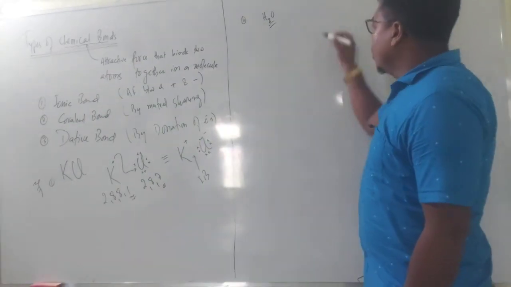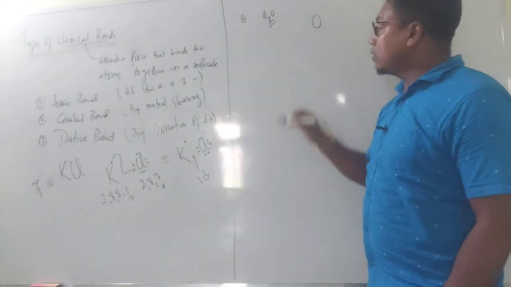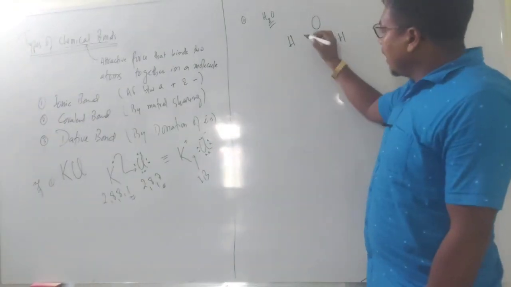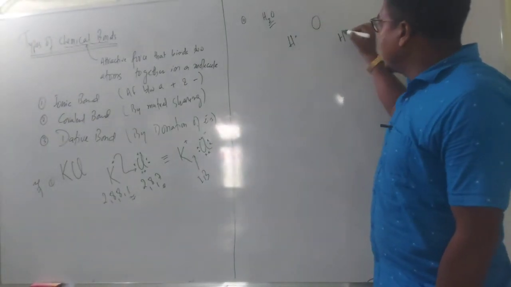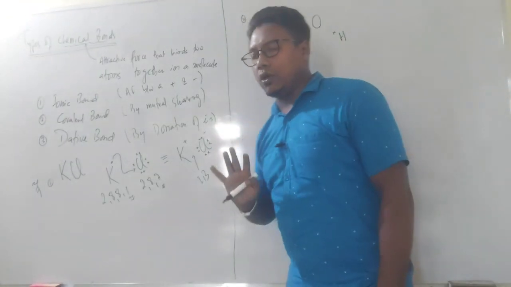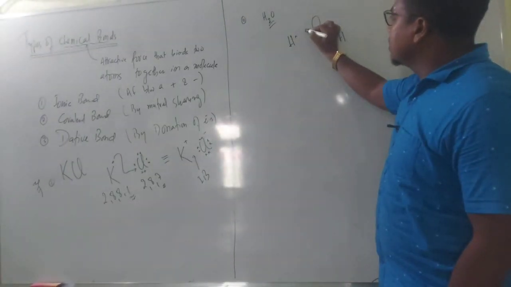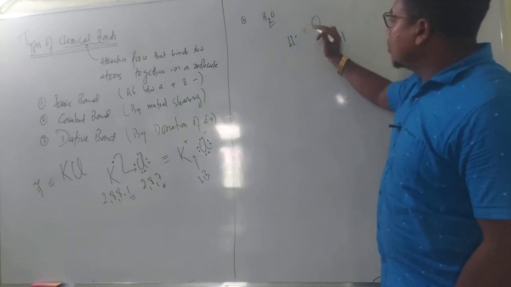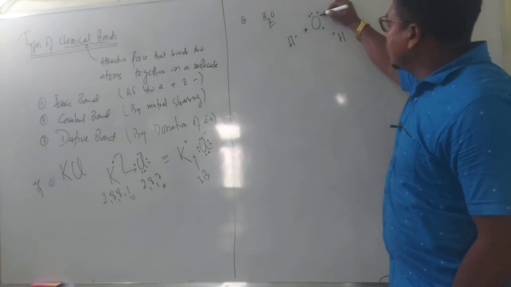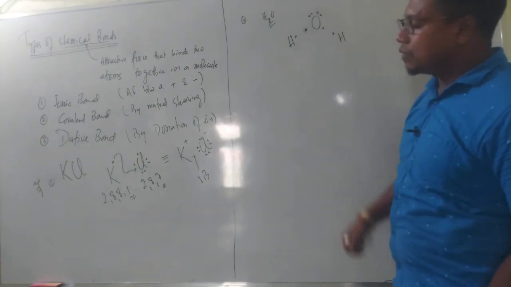Okay, so oxygen is the central atom, with hydrogen and oxygen, and the valence electrons are represented by dots.